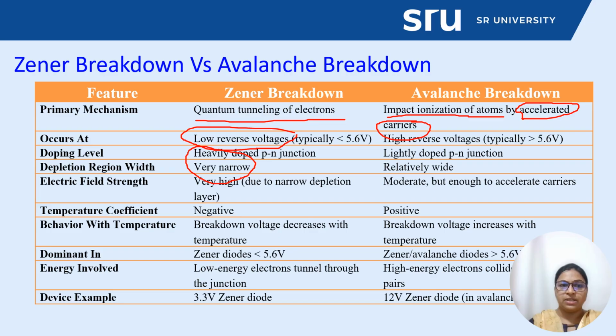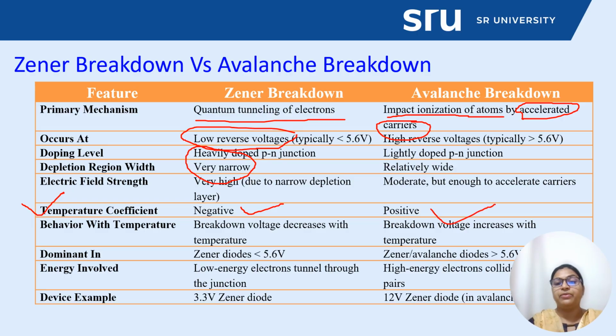Electric field strength is very high due to the narrow depletion layer, and for avalanche breakdown it is moderate but enough to accelerate the carriers. Another feature is the temperature coefficient: for Zener breakdown it is negative, and for avalanche breakdown it is positive.